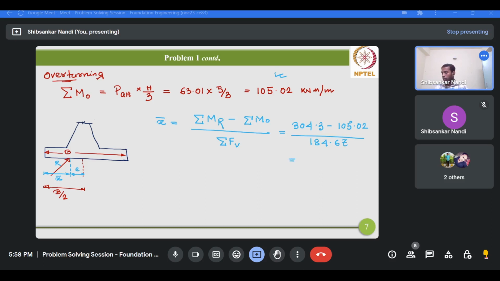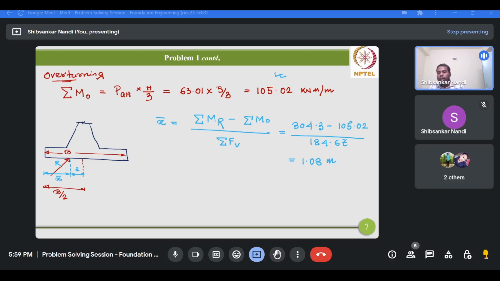So if you calculate 304.3 minus 105.02 divided by 184.67, this will give you the x bar value 1.08 meter.